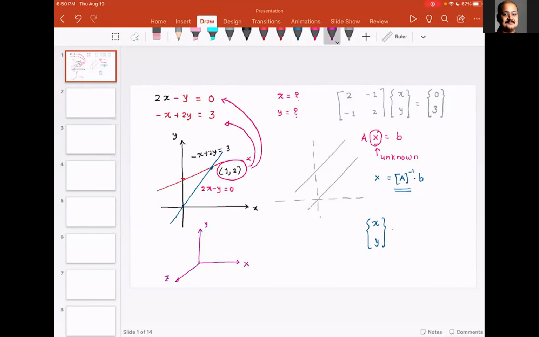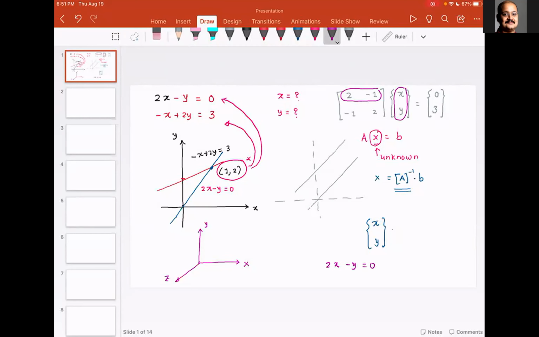Second concept, which may seem trivial, but I want you to make sure that you understand this. When I'm multiplying matrices, the first row gets multiplied with the first column. When I multiply the first row with the first column, I get 2x minus y is equal to 0.